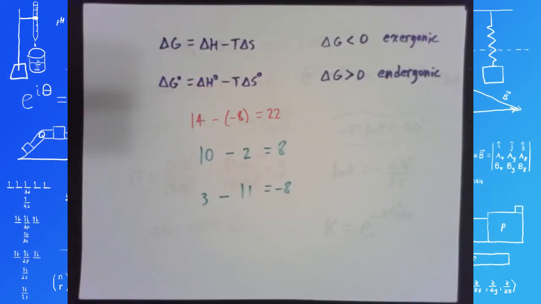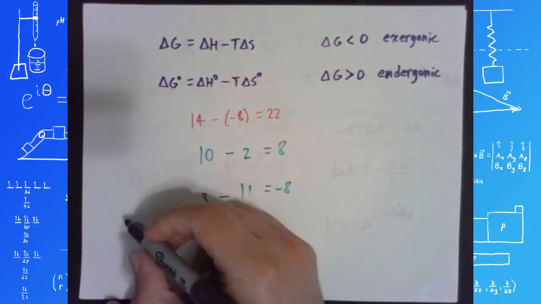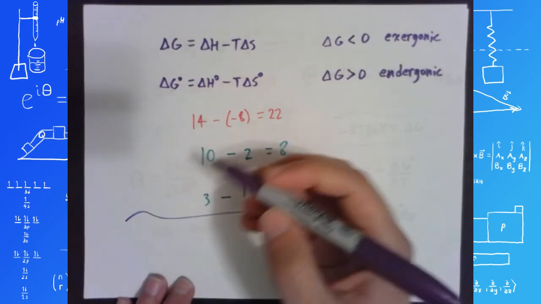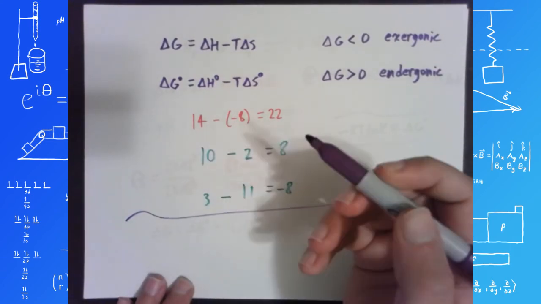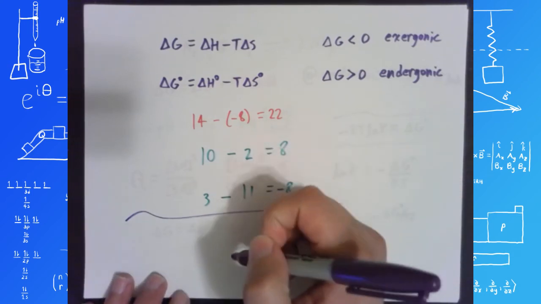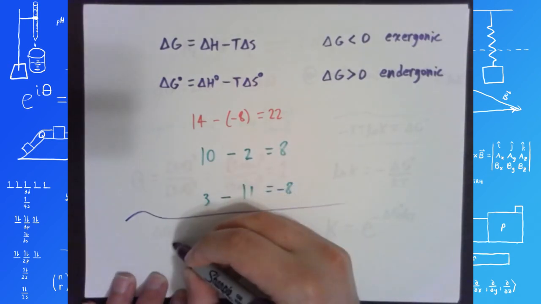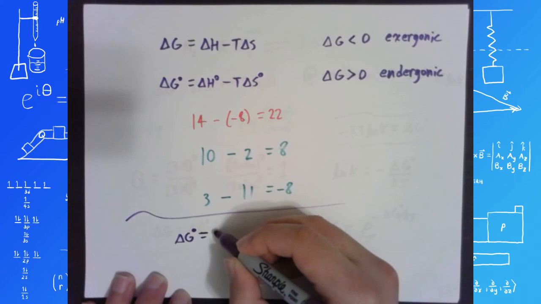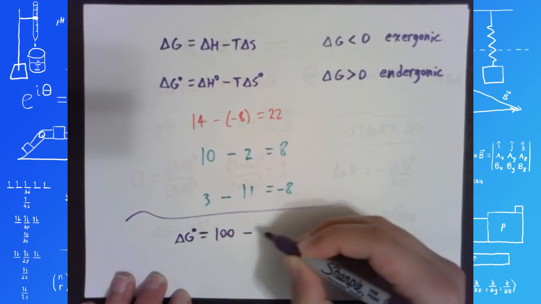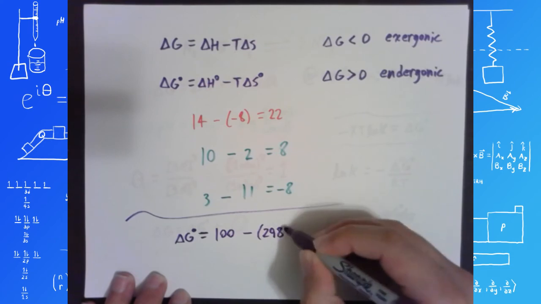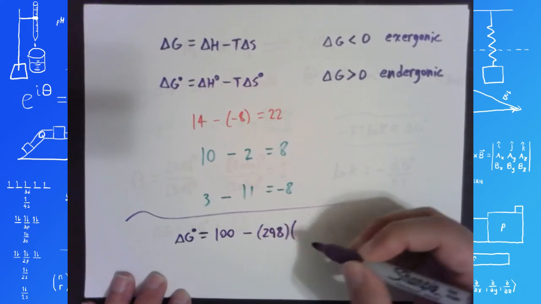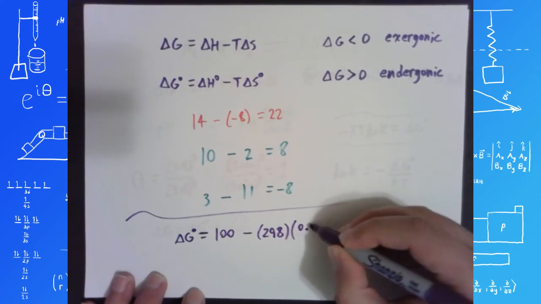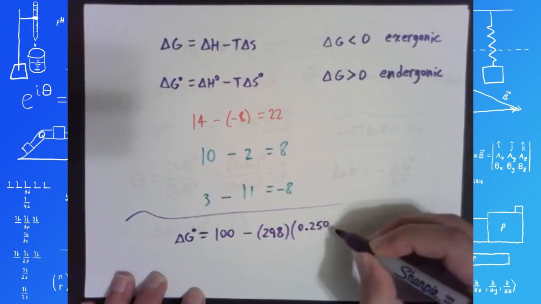Let's go ahead and figure this out. Don't forget, delta S is in joules. You need to convert it to kilojoules. Or you need to convert delta H to joules, but usually kilojoules is what you want to stick with. So we've got delta G, or delta G standard in this case, equals 100 minus T, which is 298 kelvins, and then delta S, I need to convert it to kilojoules. 250 joules is 0.250 kilojoules.